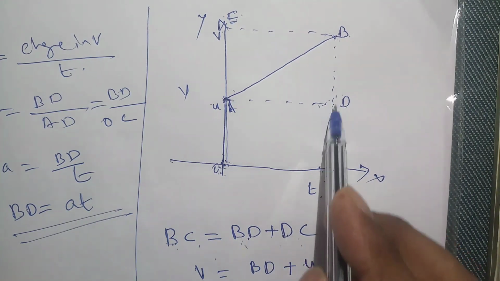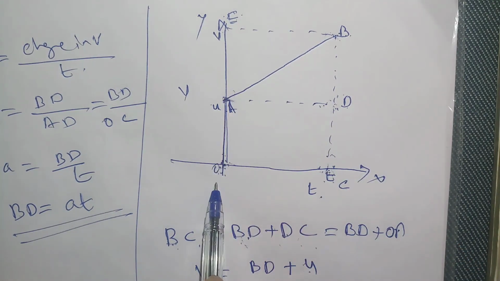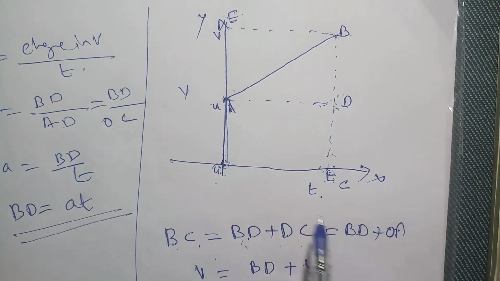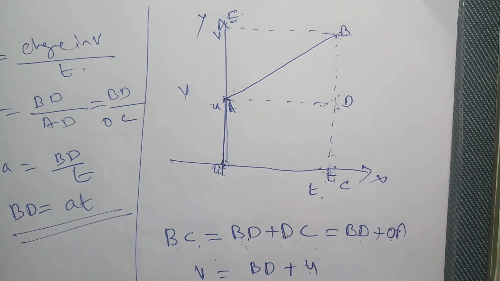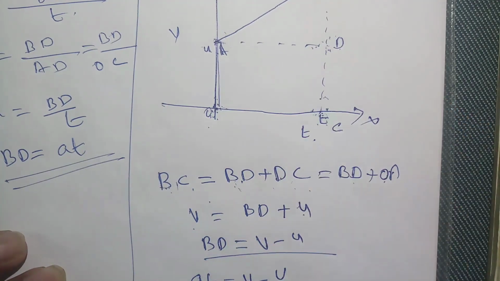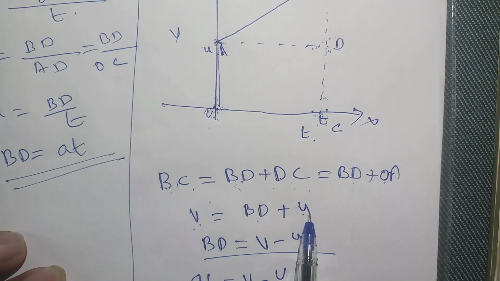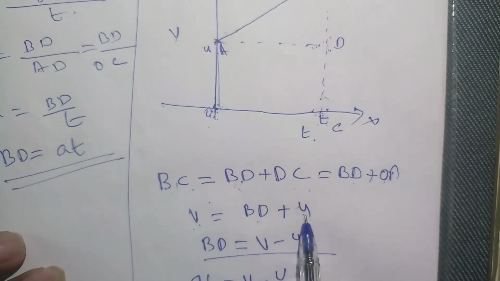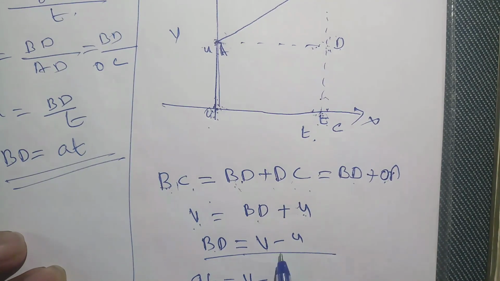Instead of DC, if you take this OA, this one also same. Now if you substitute the value, this BC is the total length, that can be taken as V. BD we will keep as BD itself, and OA is U. OA means this one, this is U. So you will get BD is equal to V minus U.